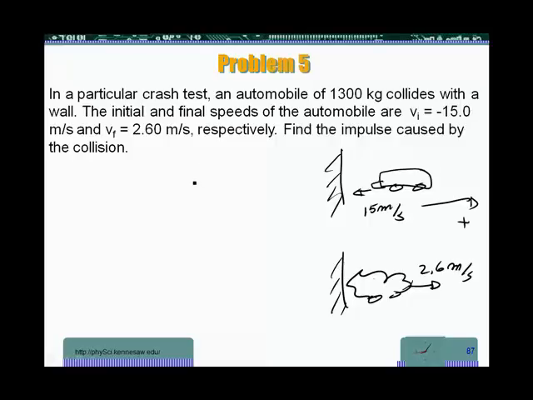So my initial momentum of the car is the mass of the car times its velocity. So in this case, that would be 1,300 kilograms times minus 15 meters per second.